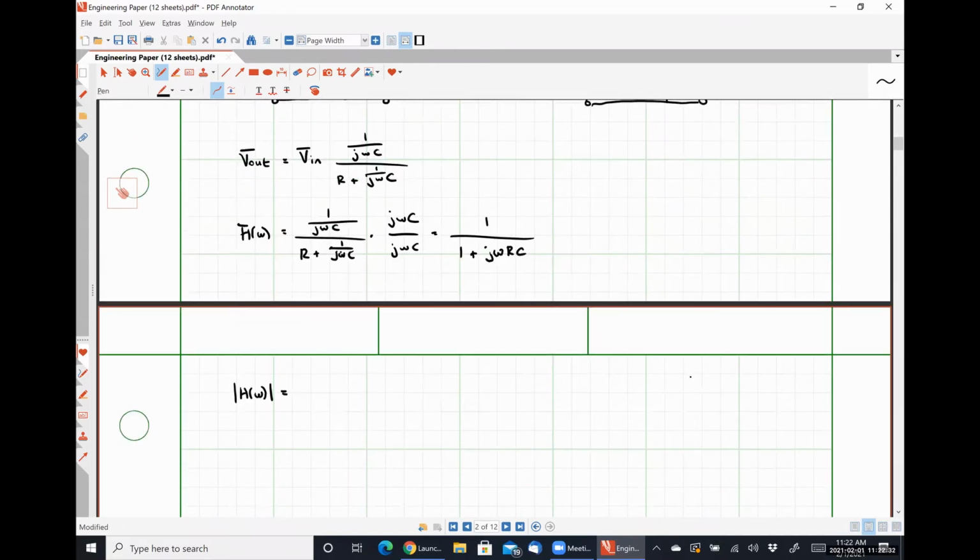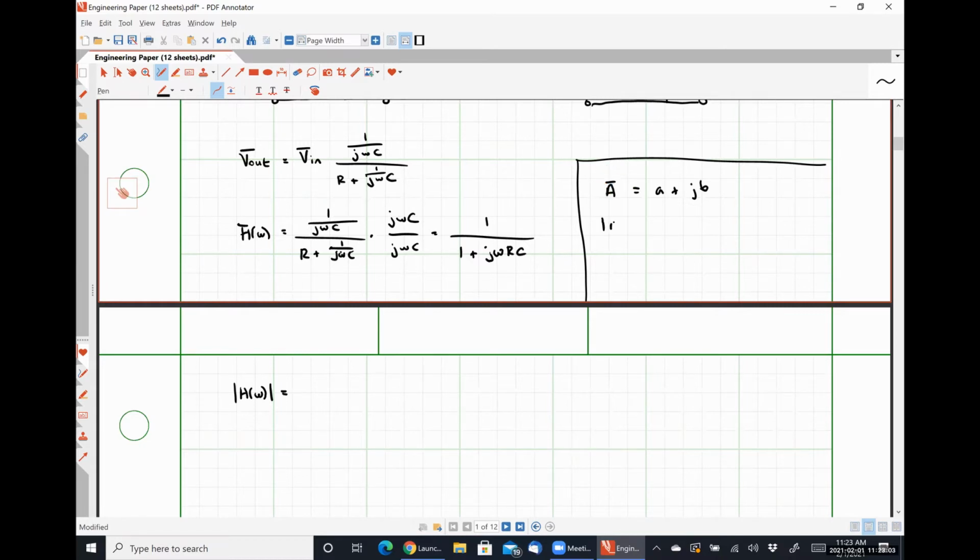So as a quick aside, the magnitude, let's say that we have a complex number A, in rectangular form, let's call it lowercase a plus jb. Sorry, having a brain fart here. Erase that.